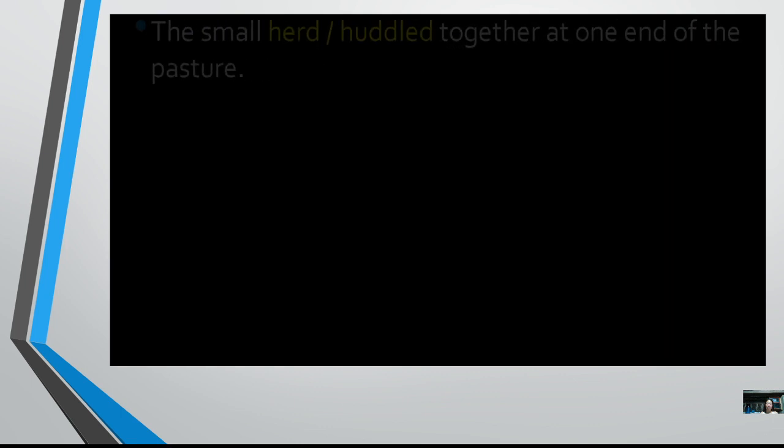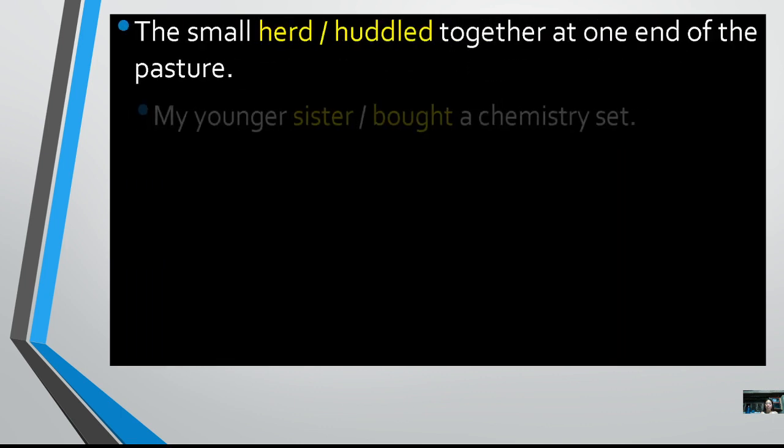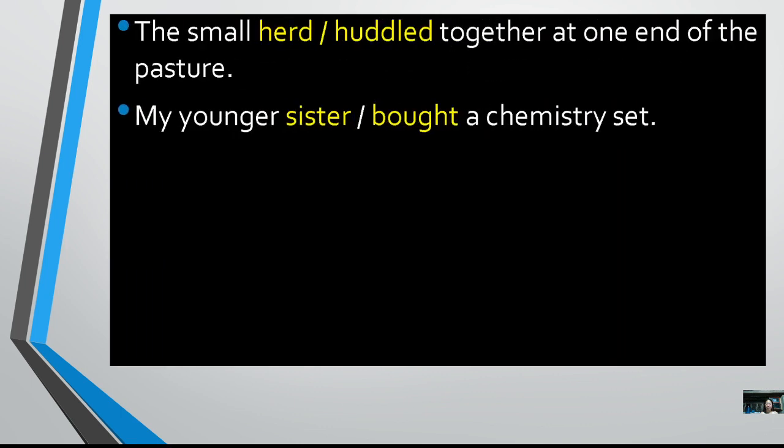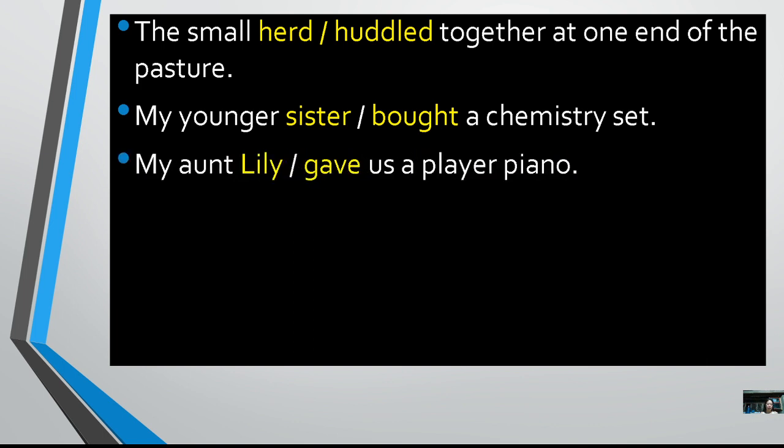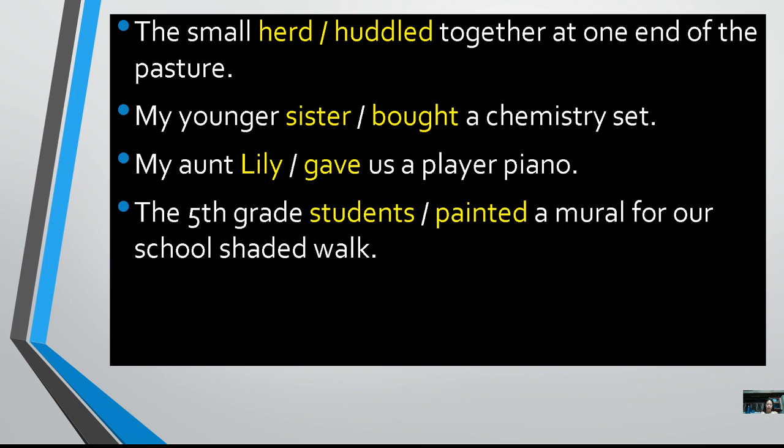Now, the headwords of the sentences that we have just read are all placed in this slide. And as you can see, the headwords in the subjects are all nouns or a noun substitute. So here in the examples, we have herd, sister, Lily, and students, which are all nouns.